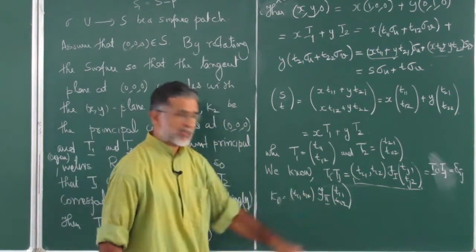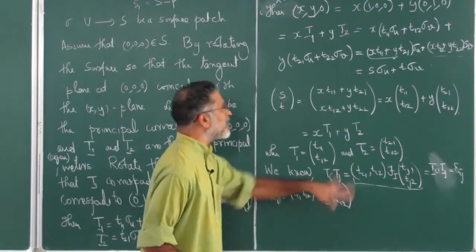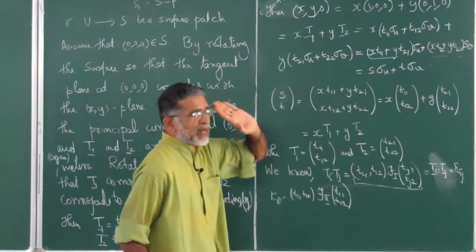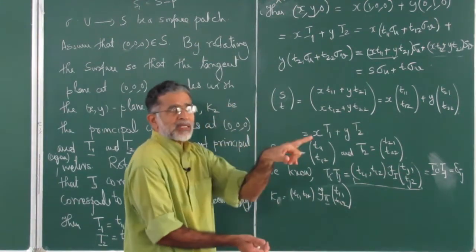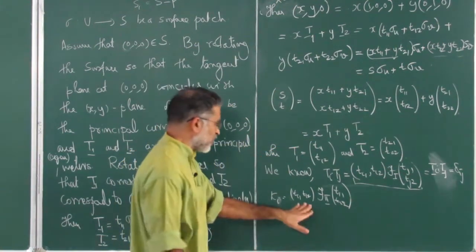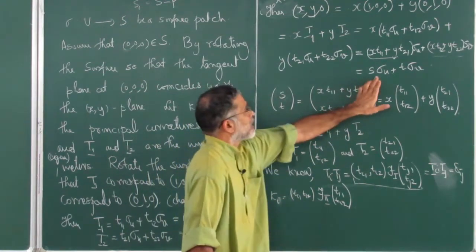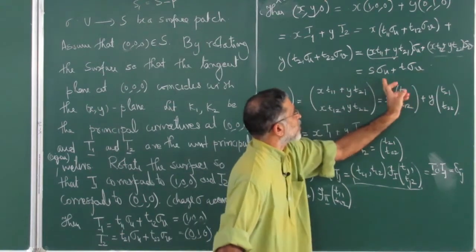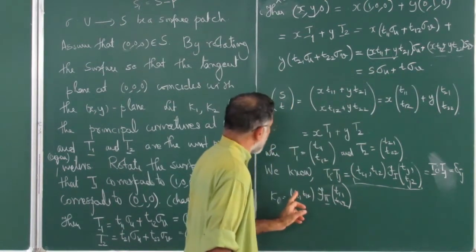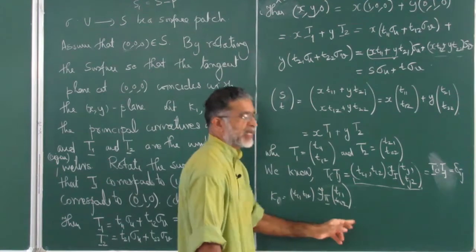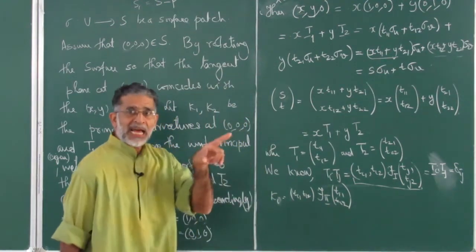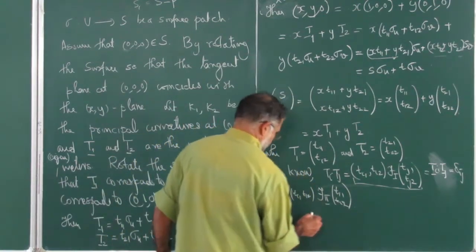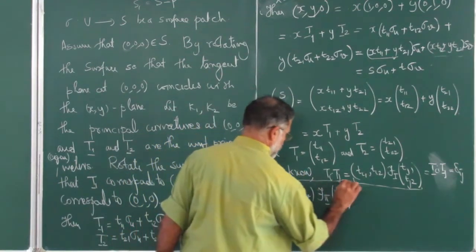You must have done this. For any vector, if you want to find the normal curvature in the tangent vector direction, you write it using the coefficients of sigma u and sigma v. So that is St, then St, F2, St. That is the normal curvature in the direction of S sigma u, T sigma v. Of course, we have seen this.